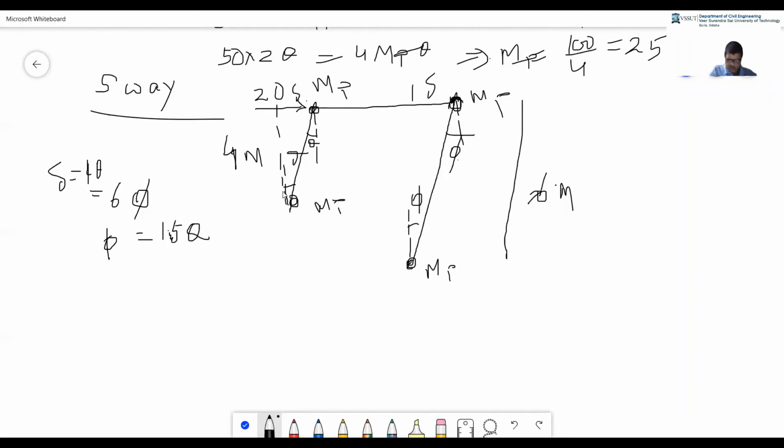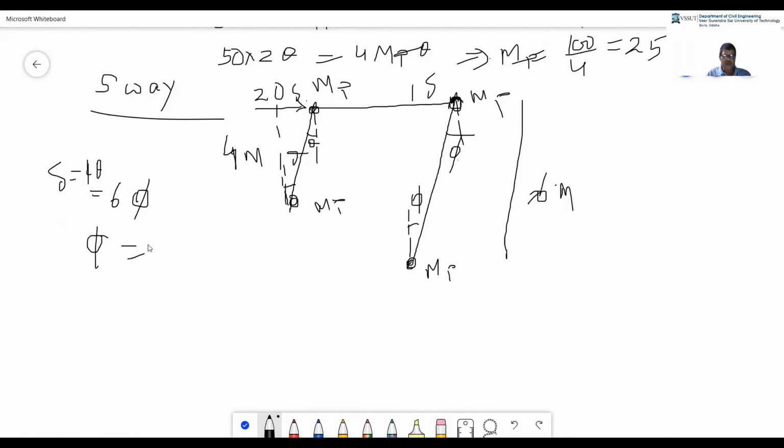Sorry, we have written this wrong. 4 theta is equal to 6 times phi, so it is the reverse.